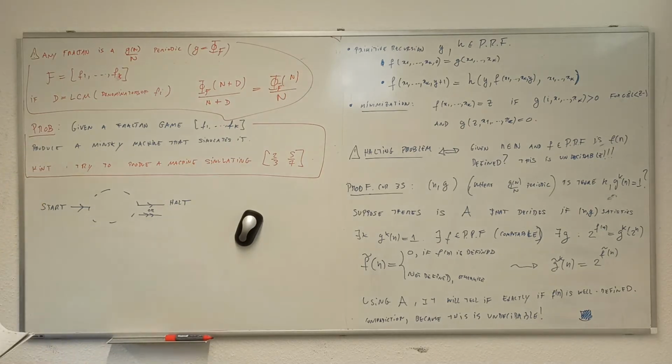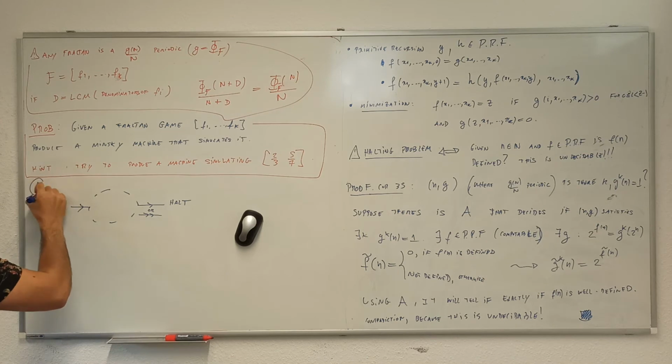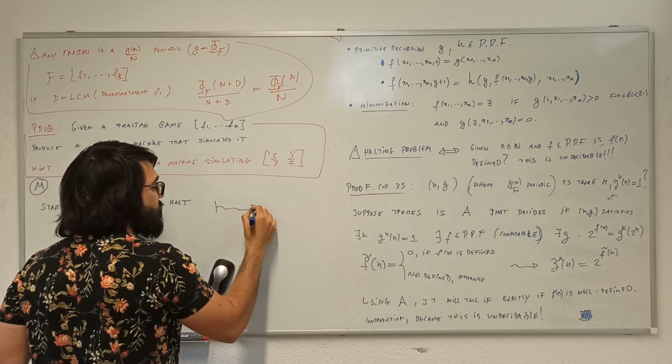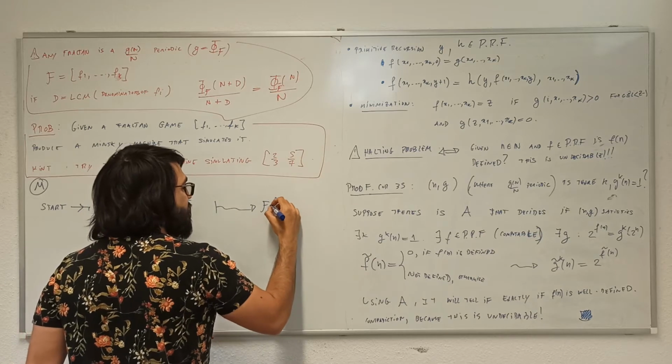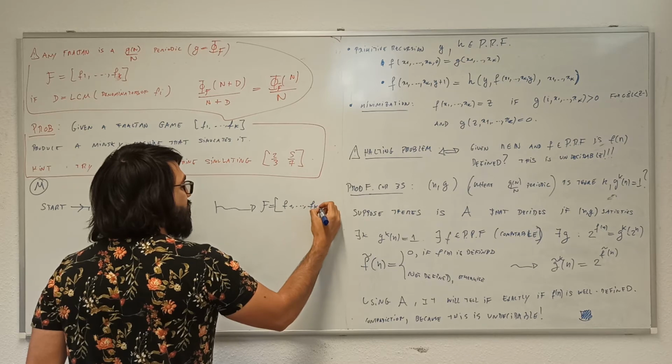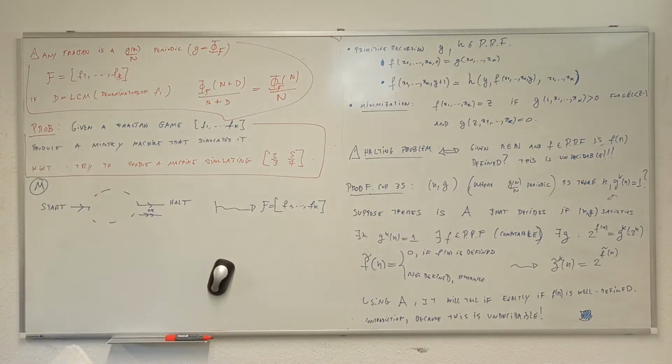That would be a Minsky machine. So suppose you have this Minsky machine M, and what I want to do is come up with a FRACTAN game that simulates it.